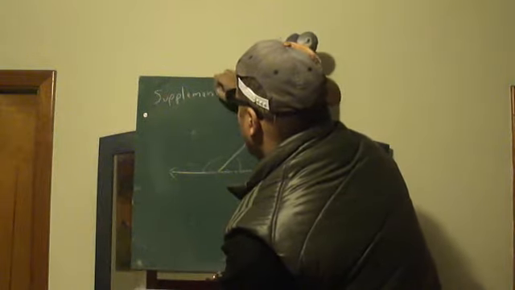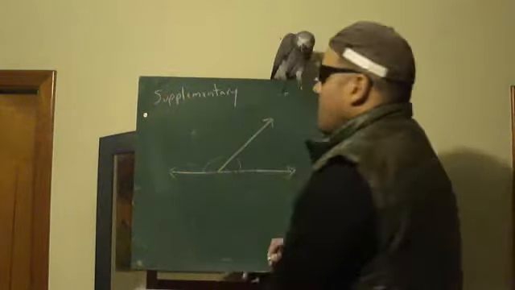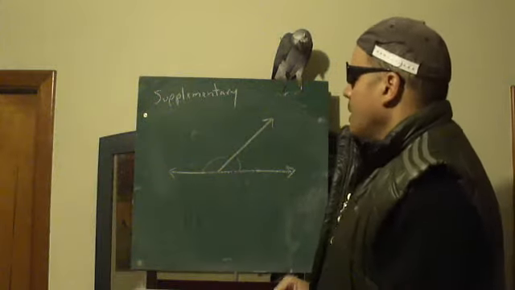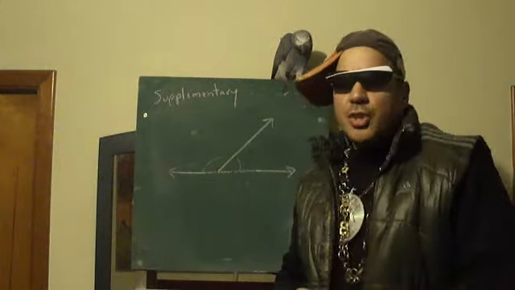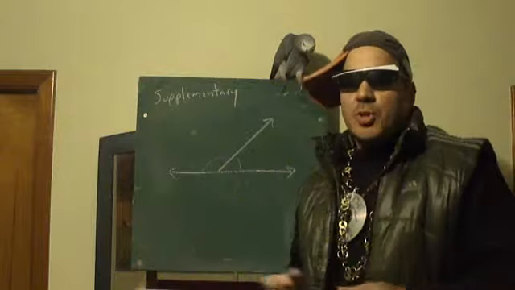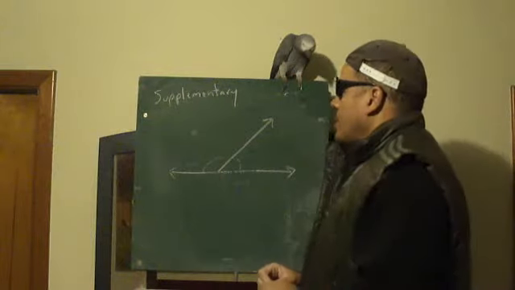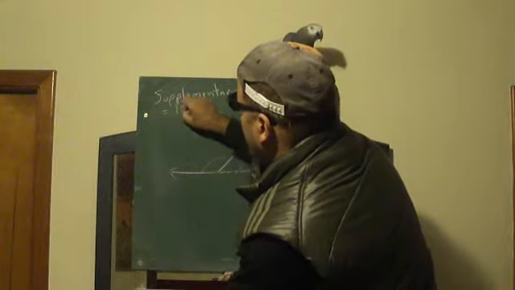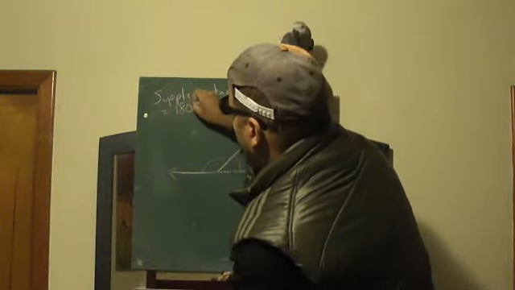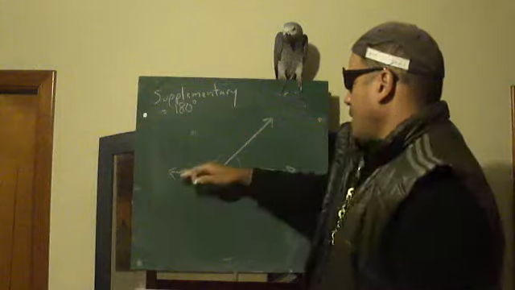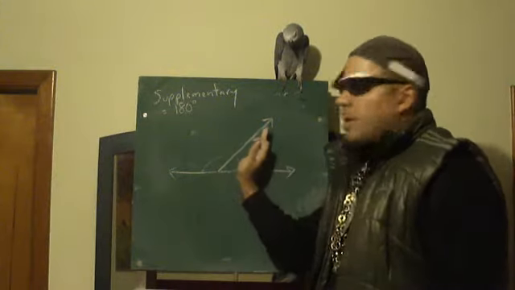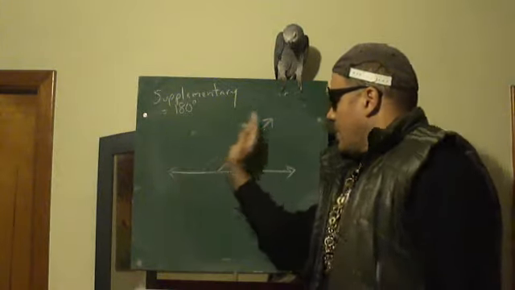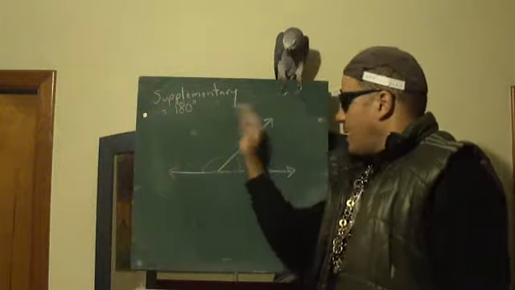Okay, supplementary. What does supplementary mean? Supplementary means that the two angles add up to 180 degrees. Okay? Supplementary, they equal 180 degrees together.